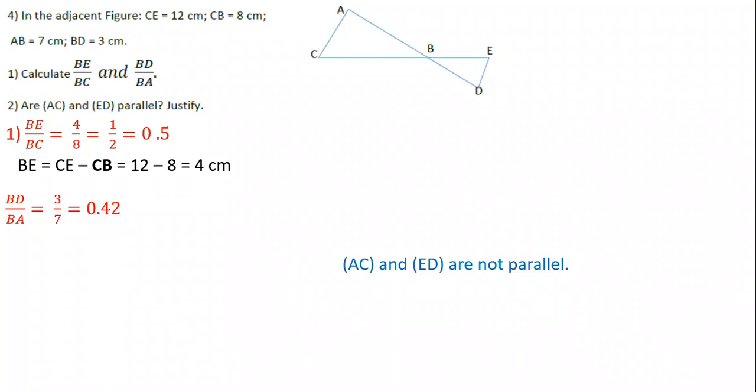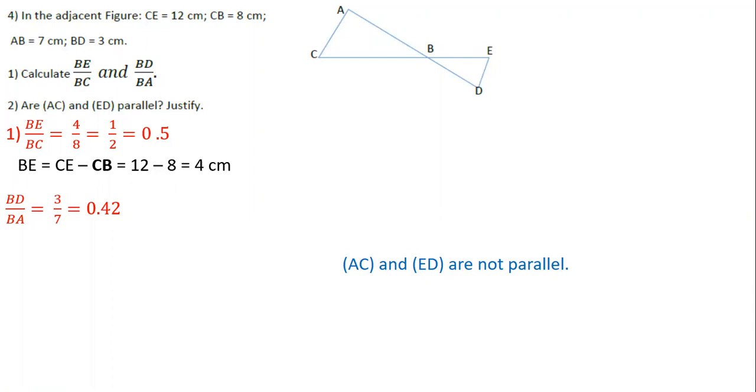Because I have parallel lines, I can apply Thales theorem and I can write ratios, right, guys? Now I don't have parallel lines. Let us go back inversely to Thales theorem.